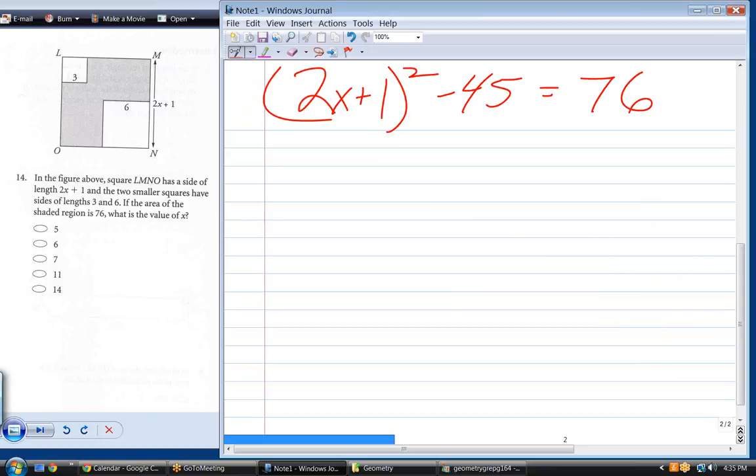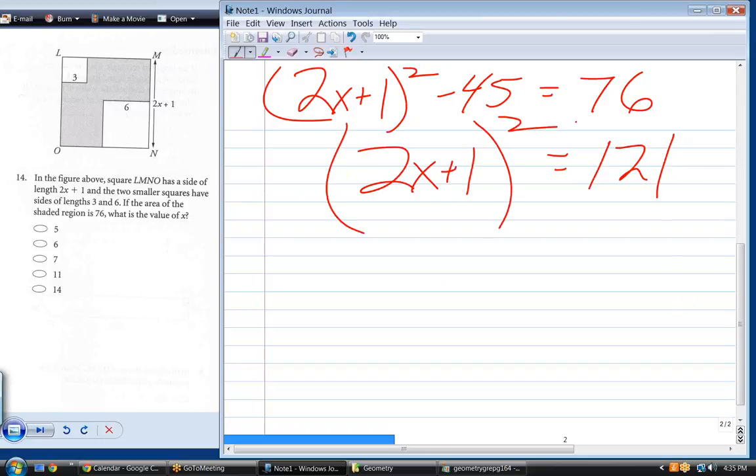What's the first step? So, you would add 45 to both sides. Okay. Now, there's a couple of steps here. And then you find the square root of both sides of the equation. Okay. And that'd be 2x plus 1 equals plus or minus 11.